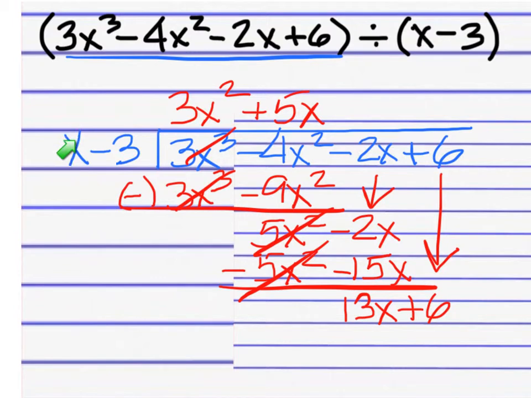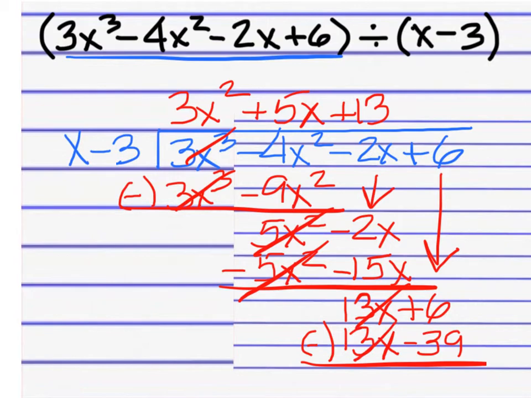What would I multiply x by to get 13x? That would be 13. So multiply 13 by each of these items here. 13 times x is 13x, and 13 times a negative 3 is a negative 39.